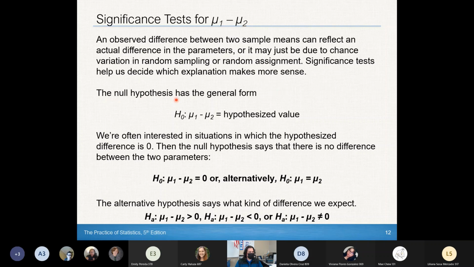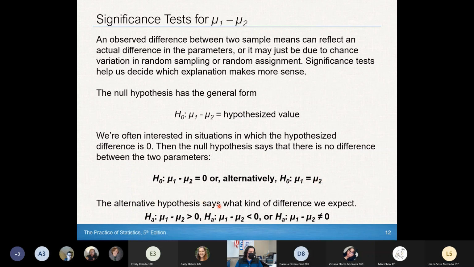The null hypothesis has the general form H naught: mu1 minus mu2 equals the hypothesized value. We're often interested in situations in which the hypothesized difference is 0. Then the null hypothesis says that there is no difference between the two parameters. And we get H naught: mu1 minus mu2 equals 0, or alternatively H naught: mu1 equals mu2.